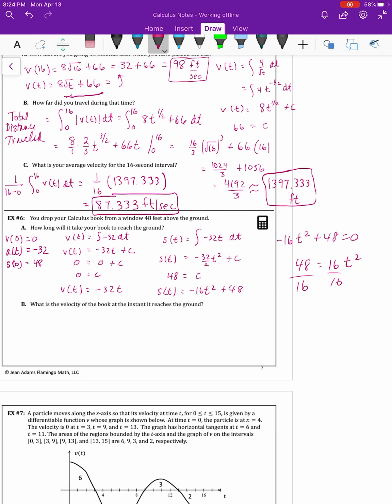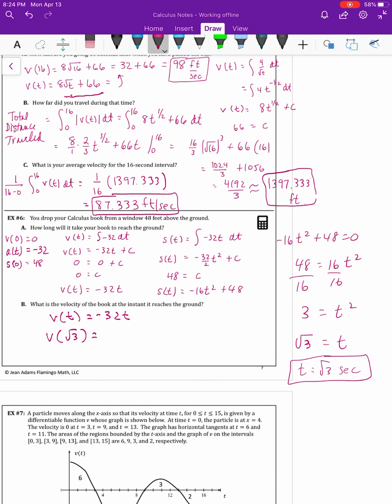Okay, well, we're going to take our position and set it equal to 0. And so I would put plus or minus, but we won't have negative time. So square root of 3, so it's going to take t equals the square root of 3 seconds for the book to hit the ground.